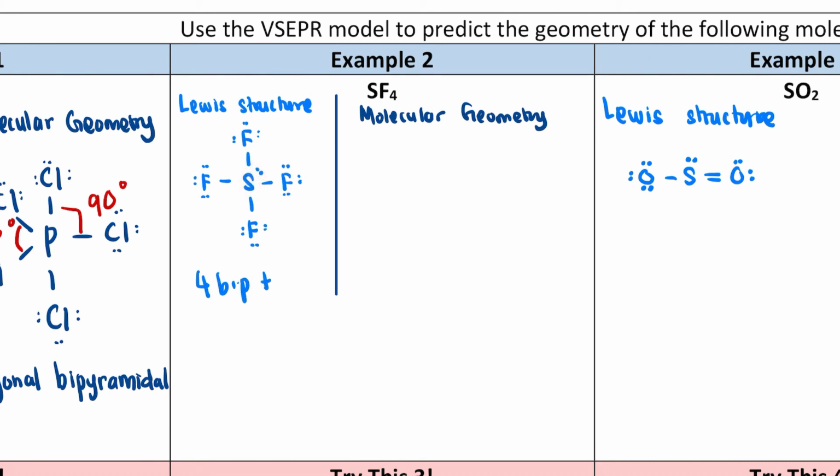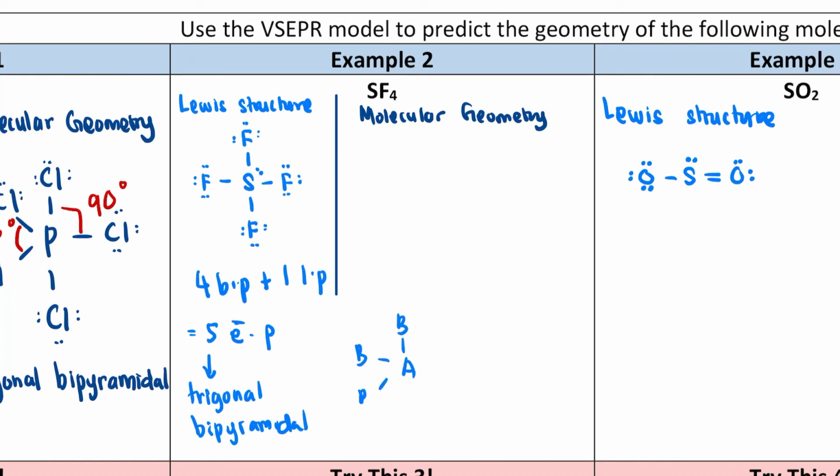Okay, so 4 bonding pair plus with 1 lone pair equal to 5 electron pair. Okay, so 5 electron pair, dia punya basic shape dia adalah trigonal bipyramidal. Okay, so ini style saya lah. Okay, I will just remember dia punya basic shape. Okay, so kita draw lah.